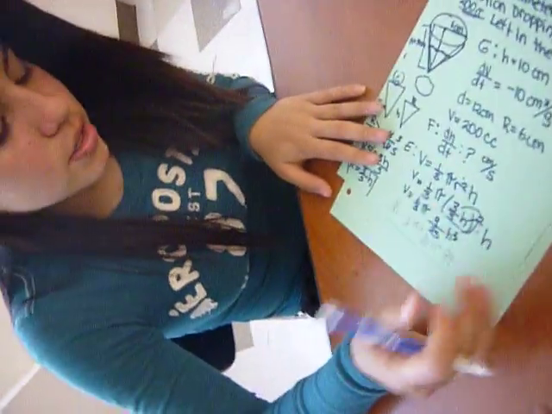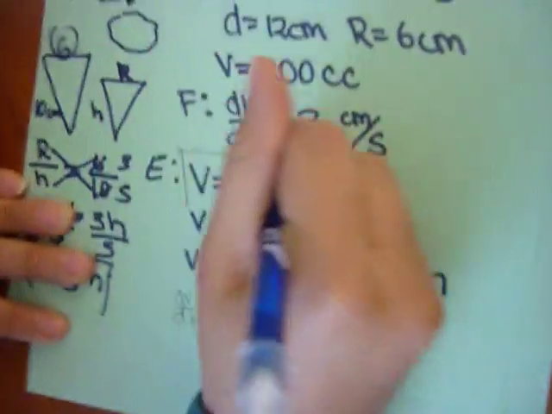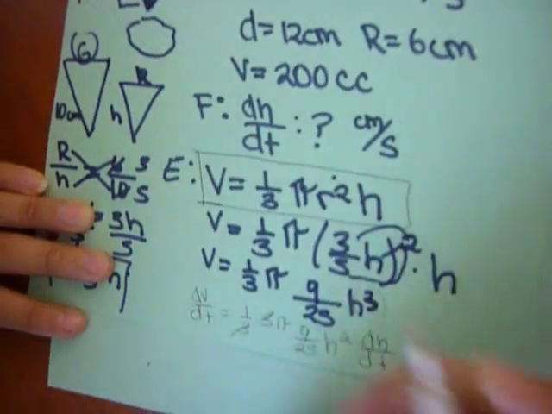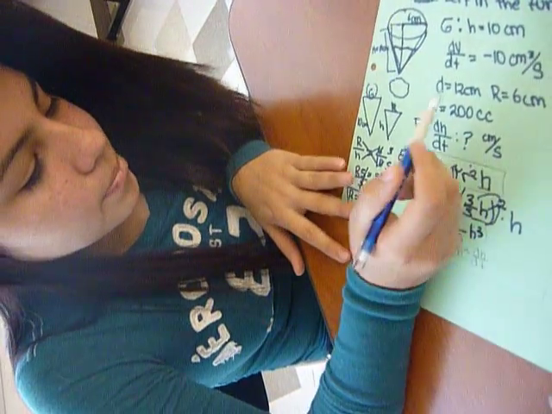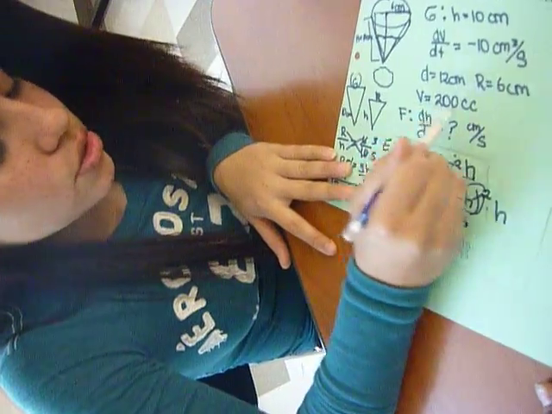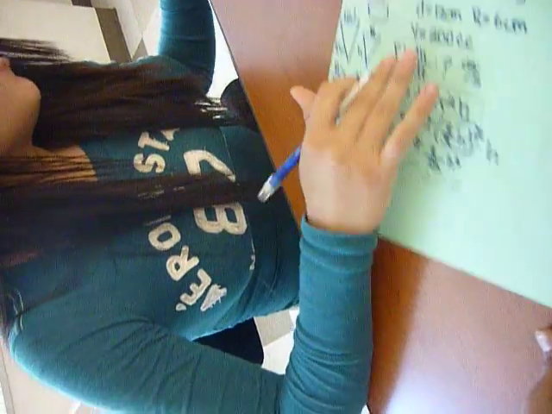So if we go back to this equation right here, we can figure out H. All we'll have to do is plug this in, because we know it's 200 cc's.